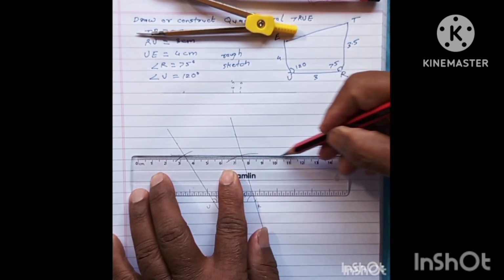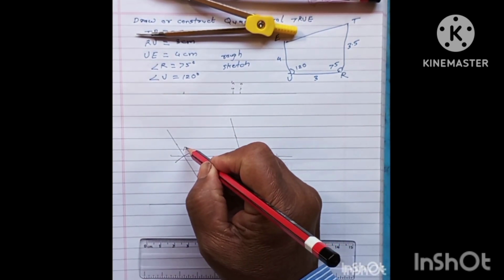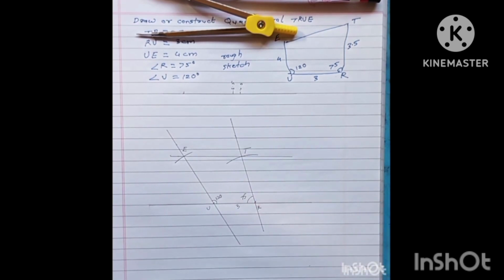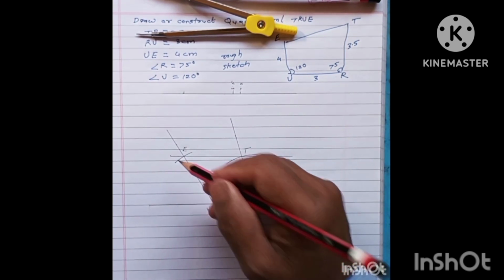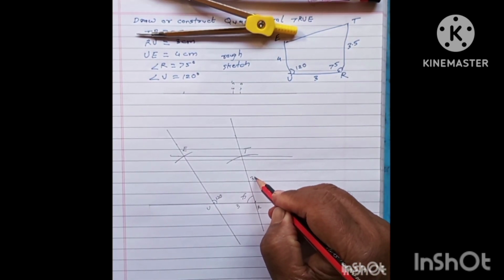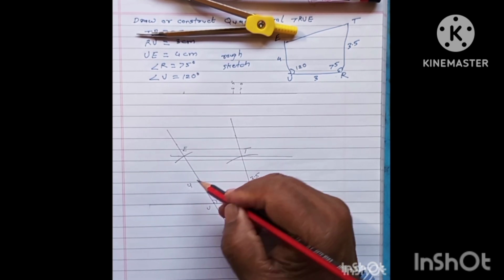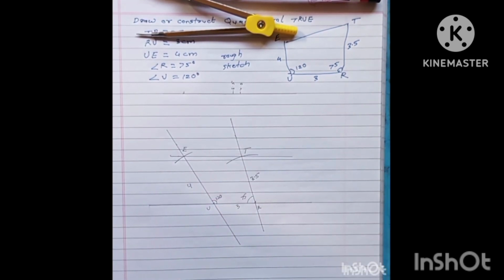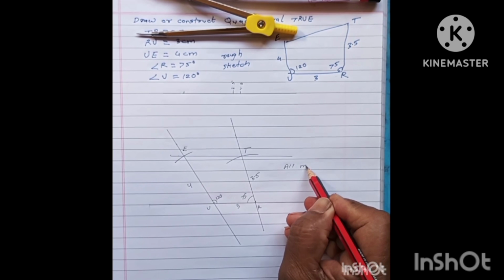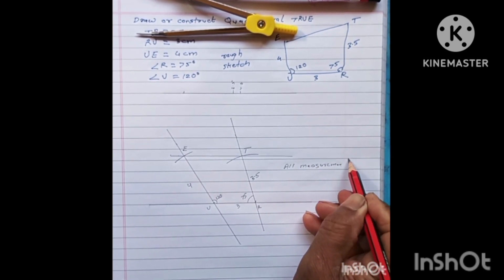And now label them. This is E and this is T, and other data: this is 3.5, writing it there, and this is 3, this is 4. If you don't want to write a comment, then you can write 3.5 centimeters, 3 centimeters, 4 centimeters, like that.